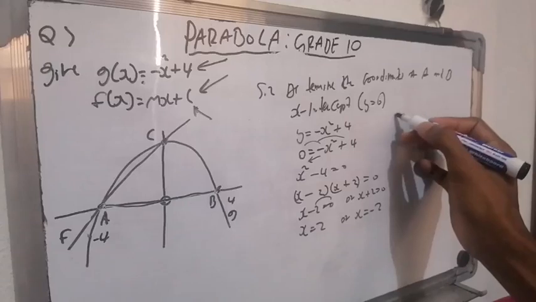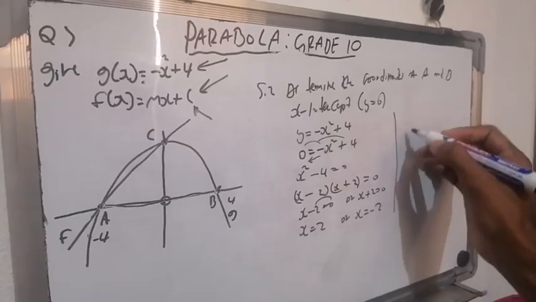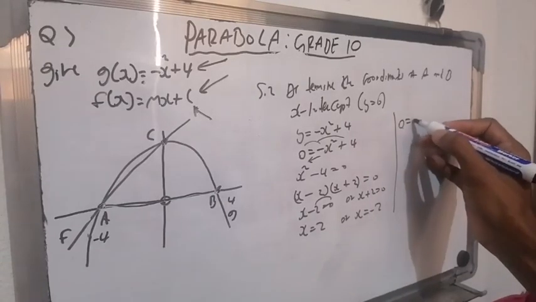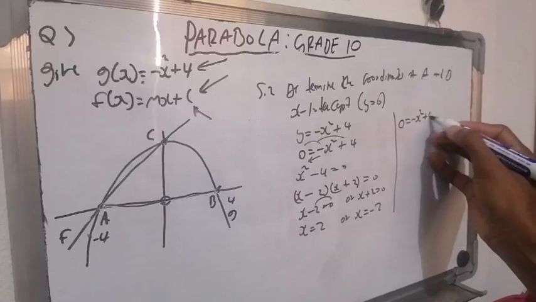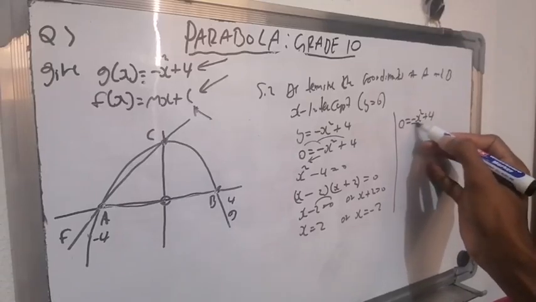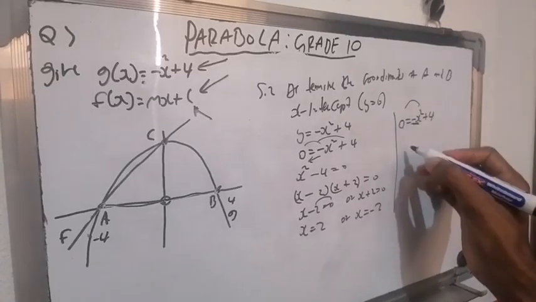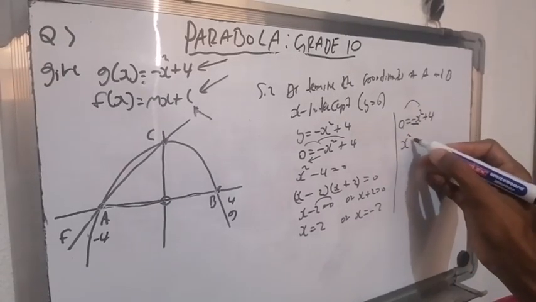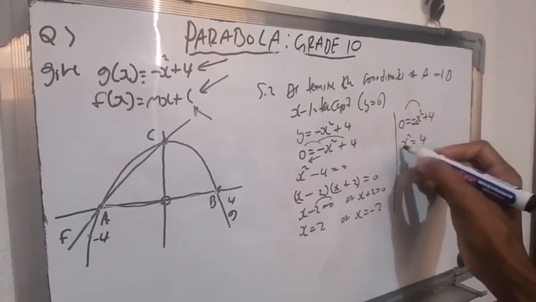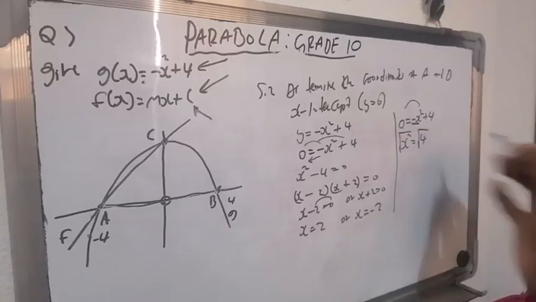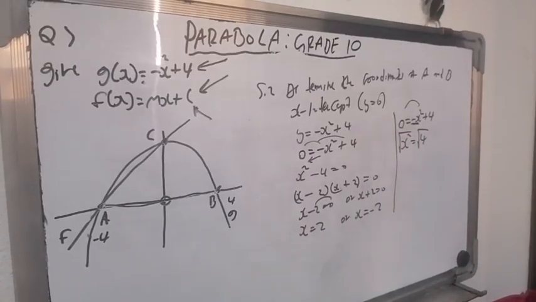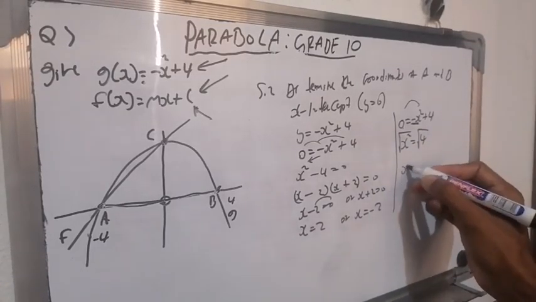Someone can say, sir, I choose to do it differently. You had 0 equal to negative x squared plus 4. So I always need a positive x squared. You cannot work with it if it's finally negative. So you're going to have a positive x squared. You are left with 4 that side, and then you square root both sides. When you do that, you'll be left with only x here.